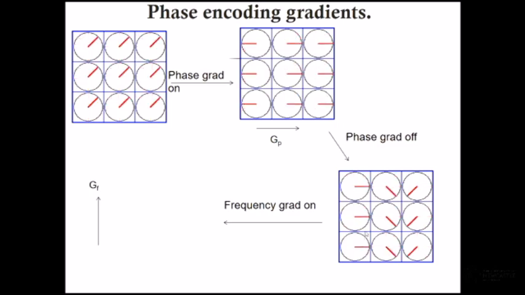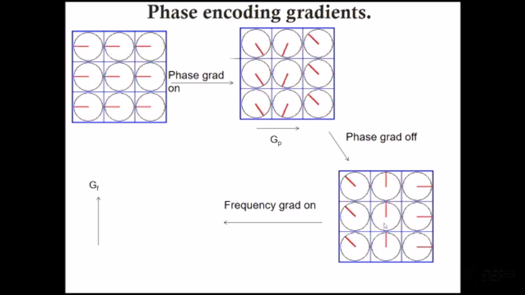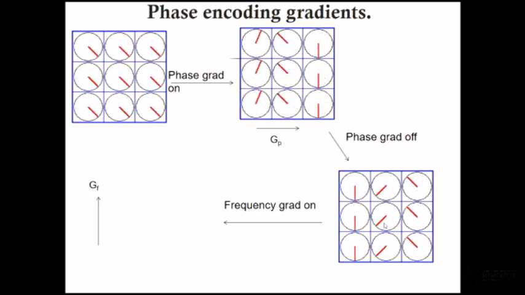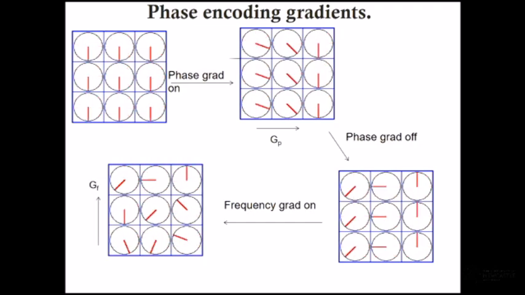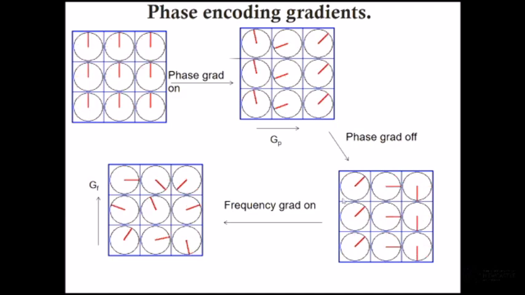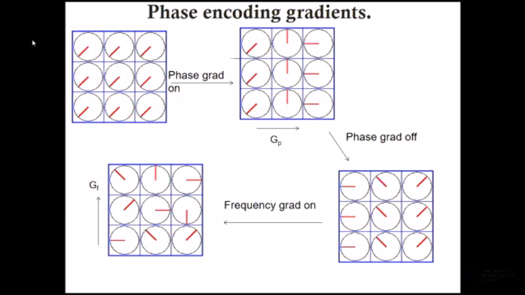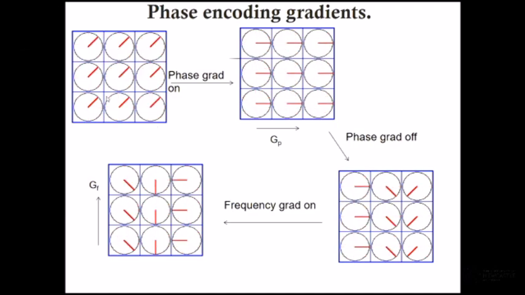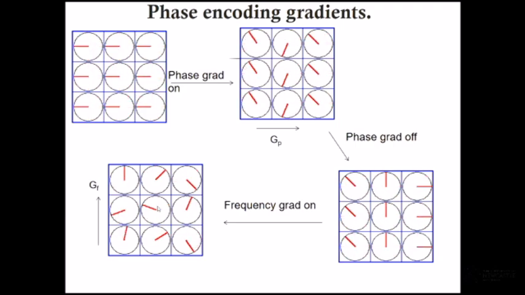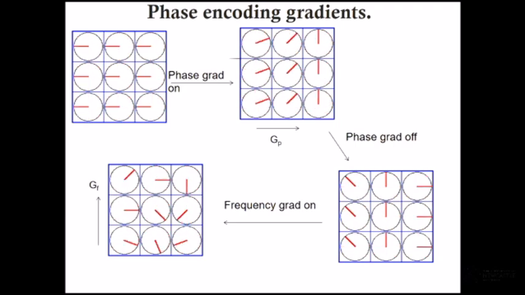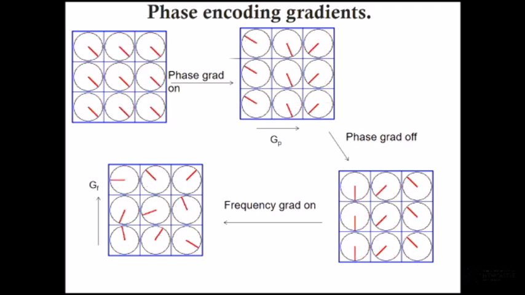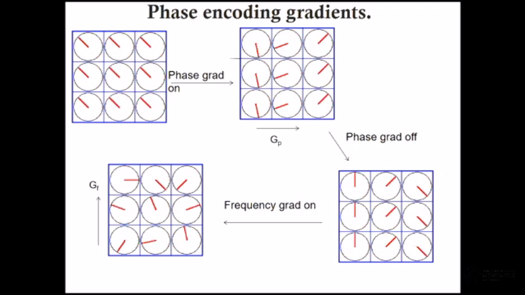And knowing that, I can put it at a point within that matrix. Now that we've discriminated all of them, from where we had 9 that all look the same, we've now got 9 with very different characteristics by turning on our phase encoding gradient and our frequency encoding gradient.